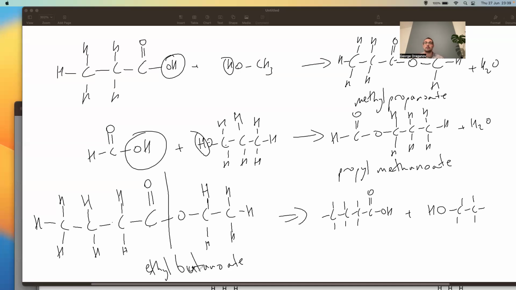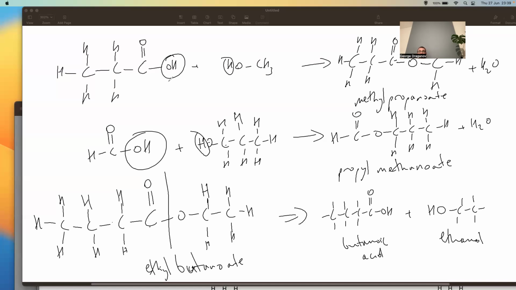Yeah, like butane, butanoate. And if you look at the splitting, the ethyl becomes the alcohol, so that's ethanol. And the butanoate becomes the carboxylic acid, so butanoic acid. And that pattern follows across. For example, propyl is propanol, methanoate is methanoic acid.